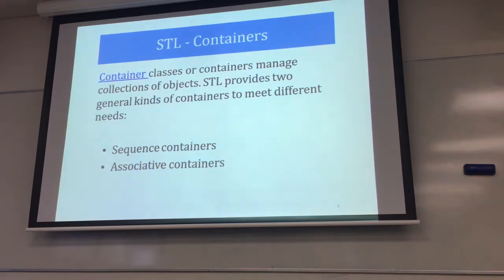For vectors you have something like this, okay? For lists and double-ended queues, you have pointers, pointers, pointers, but you have one element after the other. Now for associative containers you have trees, normally binary trees, like this.